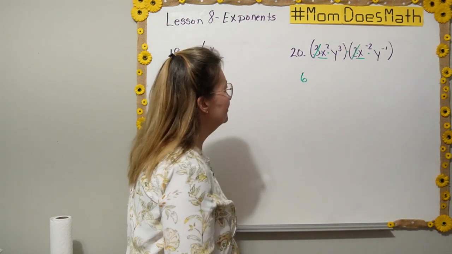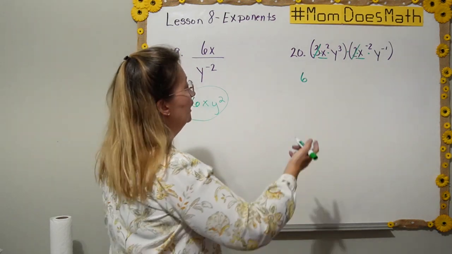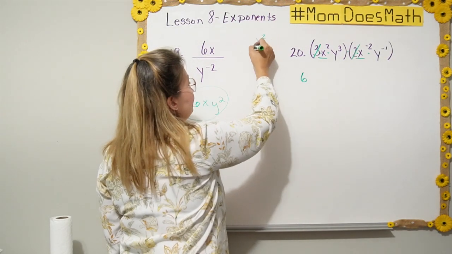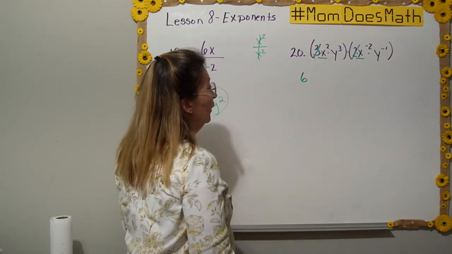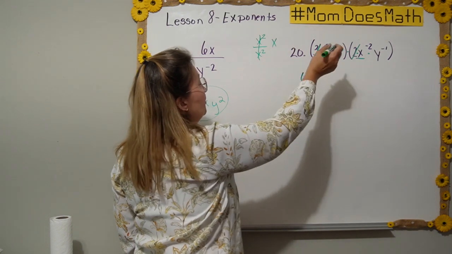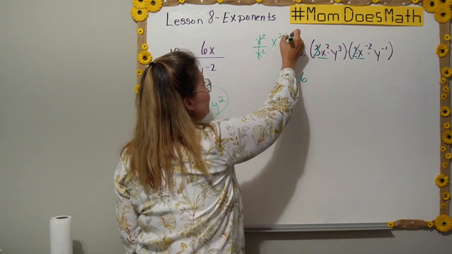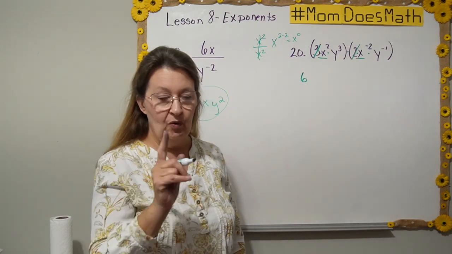Let's think about that just a second. Do I really need to flip it? You could. If you flip that, you're going to get x to the second over x to the second, which is what? 1. And you don't have to have it. If you do exponent minus exponent, what's 2 minus 2? X to the 0, which I told you was 1.